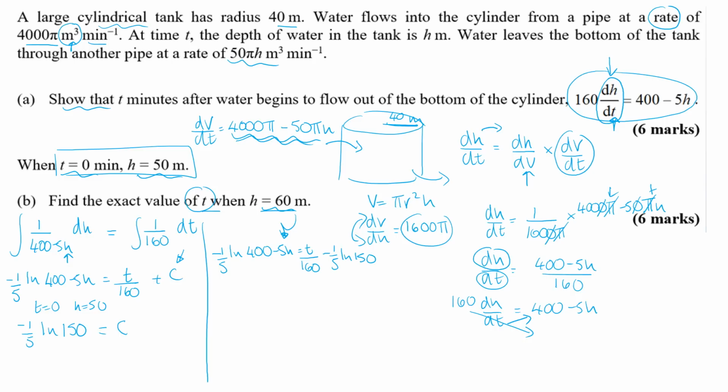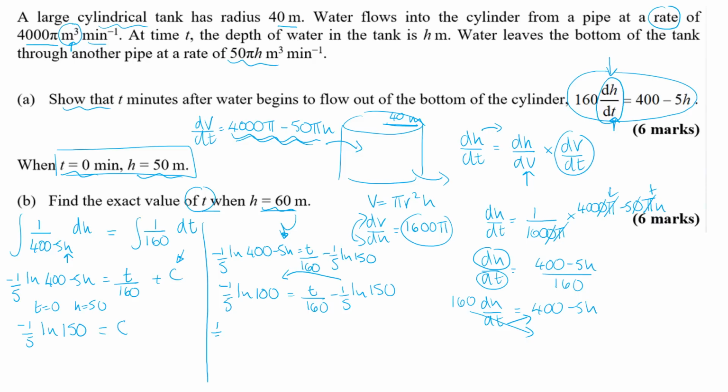So we put h is 60: minus 1/5 the ln. 60 times 5 is 300, 400 minus 300 is 100, is equal to t over 160 minus 1/5 of the ln of 150. Now let's take the 1/5 out as a factor and bring this ln over, which will be plus.